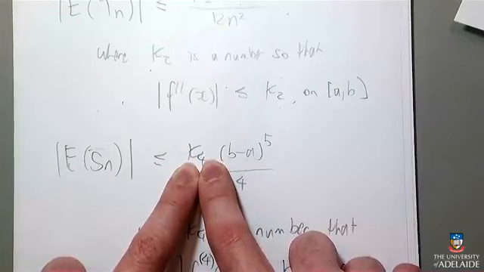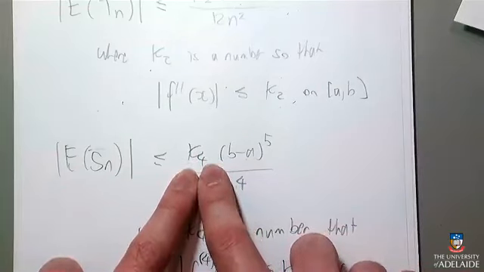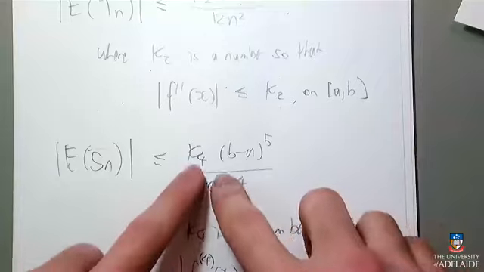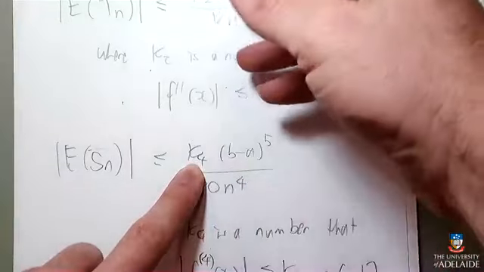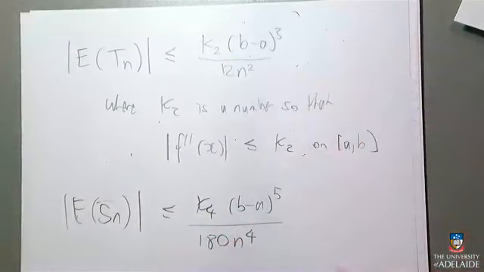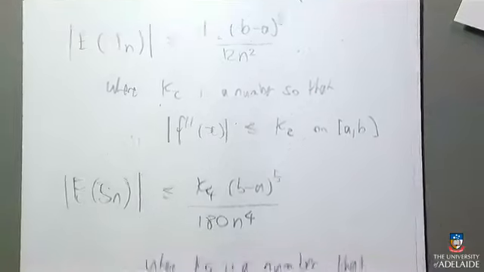The bigger the fourth derivative is, the worse your error is going to be for your Simpson's rule. But fourth derivatives tend to be less extreme than second derivatives, and you use an n to the 4 instead of an n squared, so you tend to get lower errors for the Simpson's rule than you do for the trapezoidal rule.